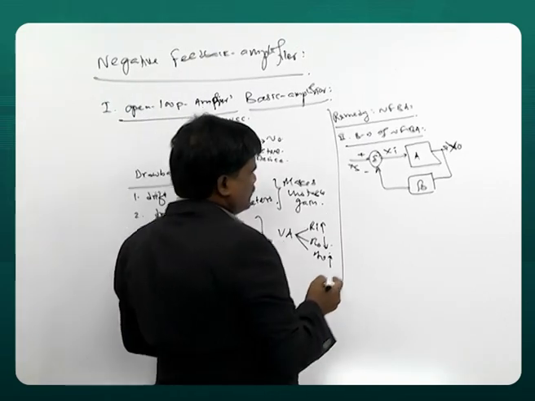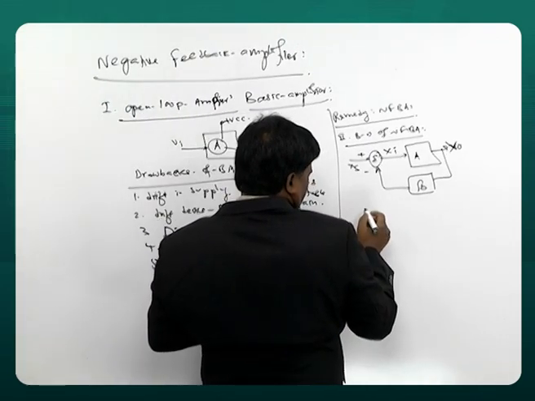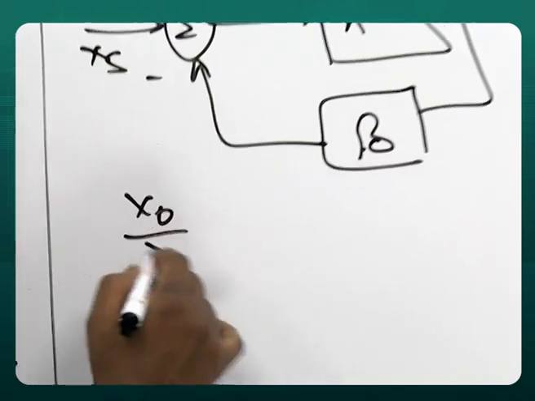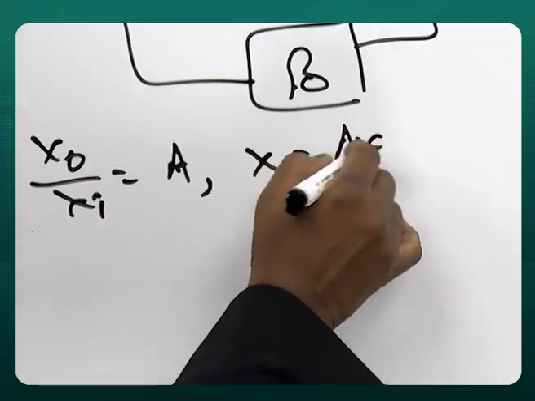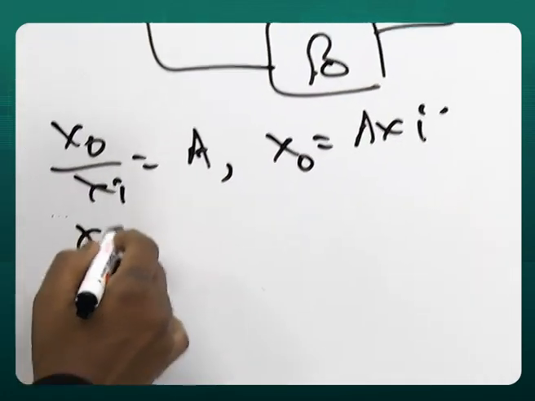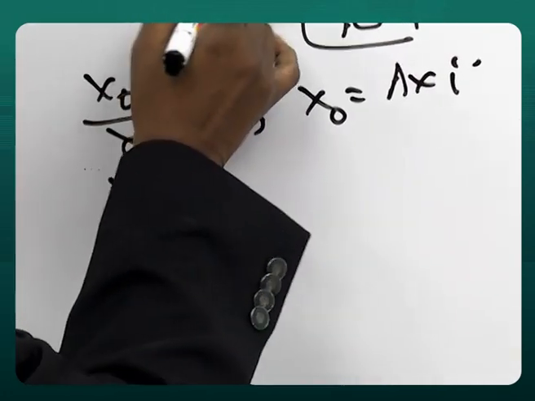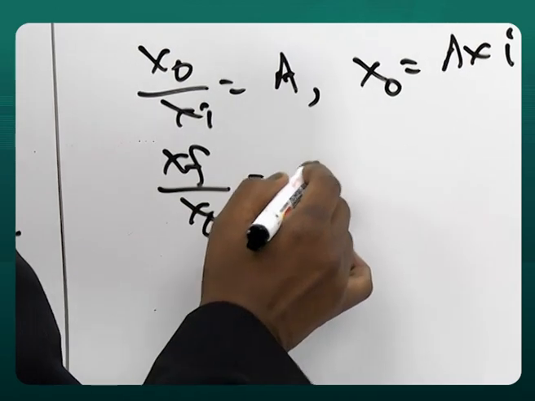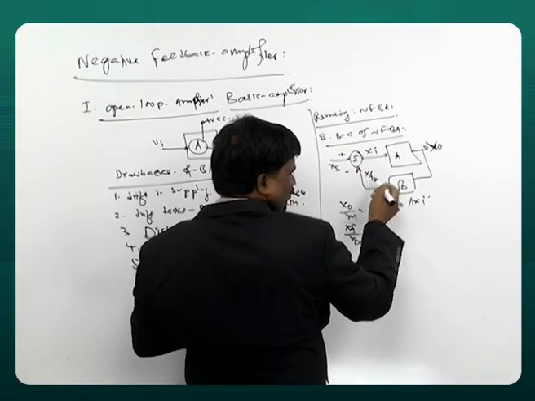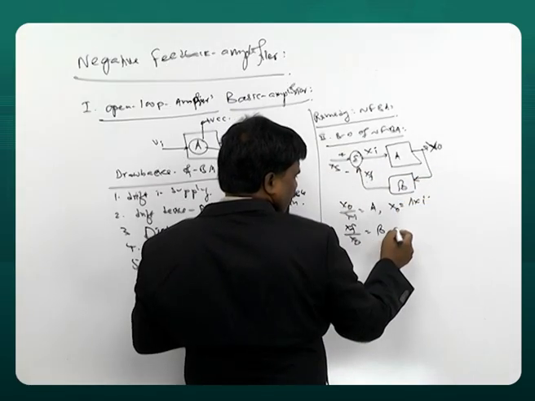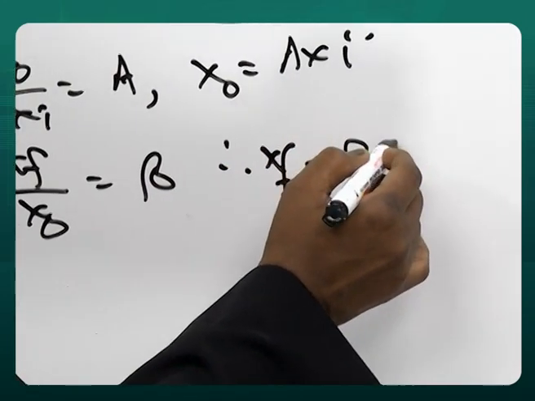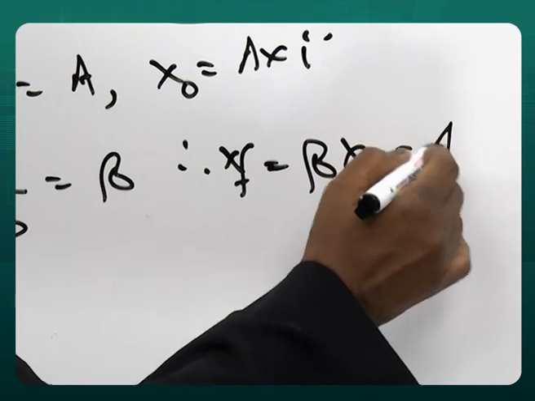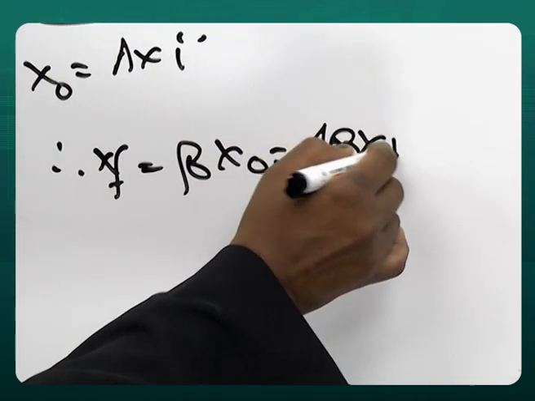So X0 by Xi is equal to A. So X0 is A Xi. XF we call it, XF by X0 is beta. Output by input, this is input. Therefore, XF is beta into X0, that is A beta Xi.